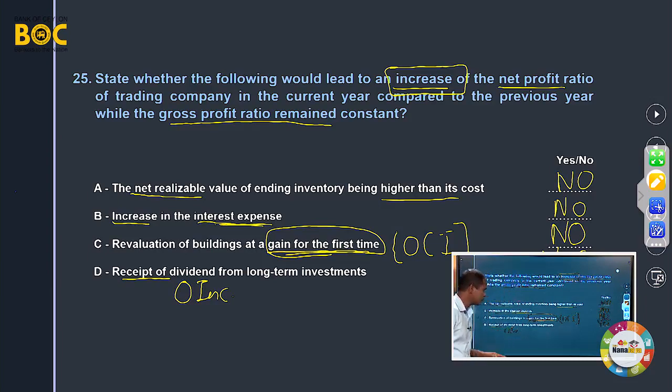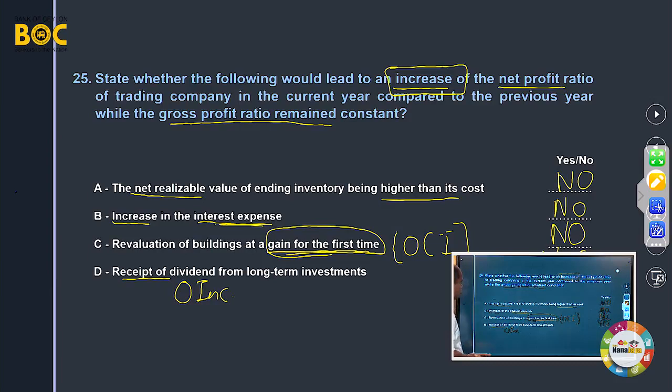An increase in interest expense means profit will decrease, but the question is whether it increases. The first-time revaluation gain of a building is recorded under other comprehensive income. Receipt of dividend is recorded under other income.